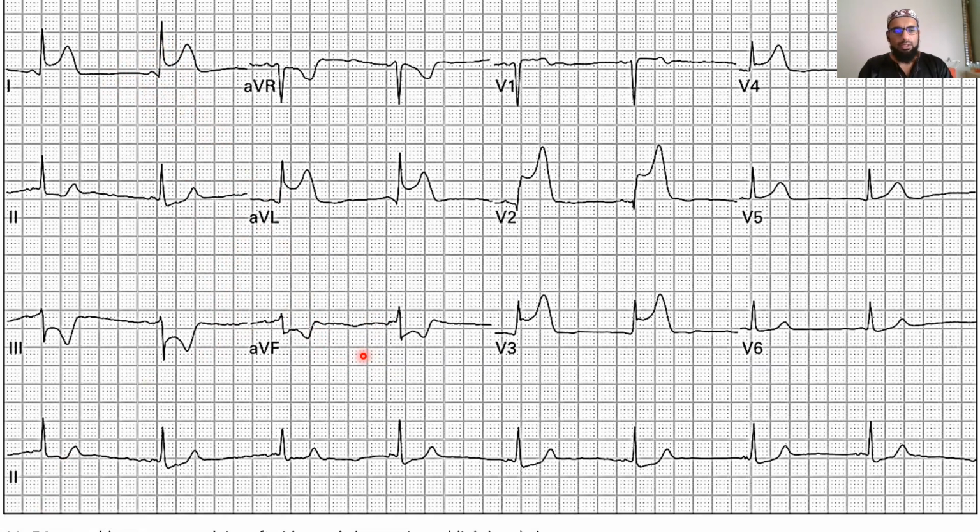Because it's predominantly negative, we are going to say that this is more of a left-sided axis. If you want to be 100% sure of where the axis is, you would look at the most biphasic one, which in this case would come out to AVF as well, although predominantly more negative. Because it's predominantly more negative, we assume that it's not absolutely perpendicular.